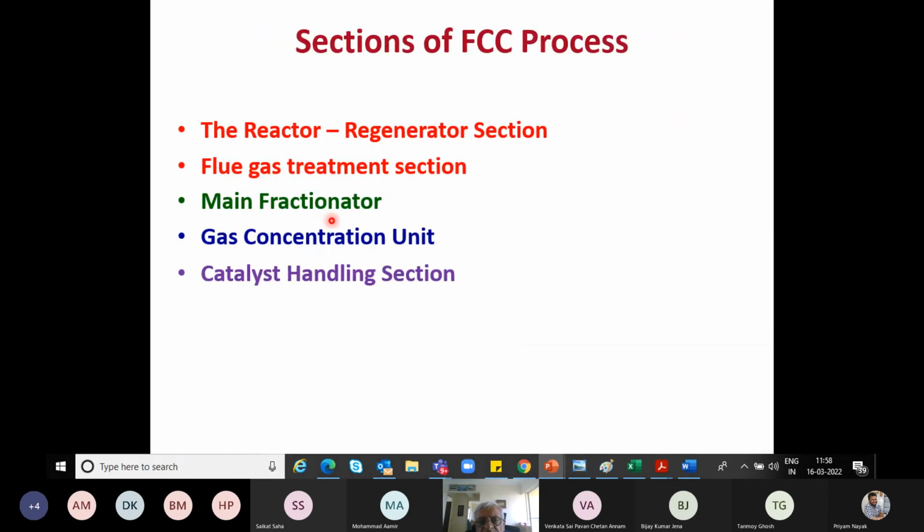And then the gas concentration unit. The main fractionator and the gas concentration unit actually handle the reactor products, the reactor off gases, and fractionate them into the various products that you just saw. And finally, the catalyst handling system.